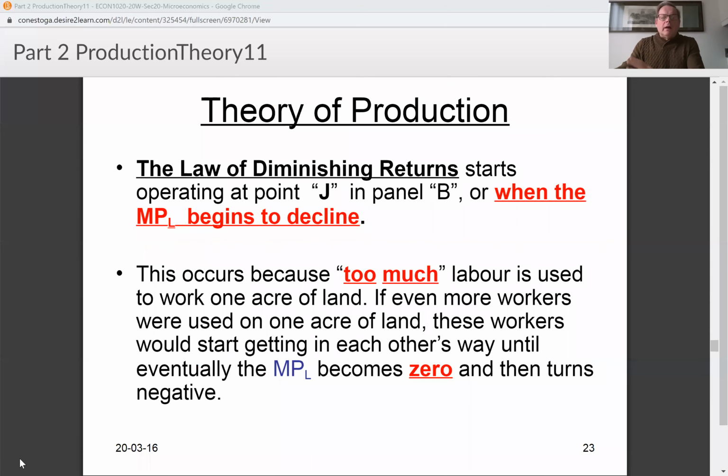So highlight this on the graph, that the law of diminishing returns starts operating at point J in panel B. This is where the marginal product of labor begins to decline. This occurs because too much labor is used to work 1 acre of land.